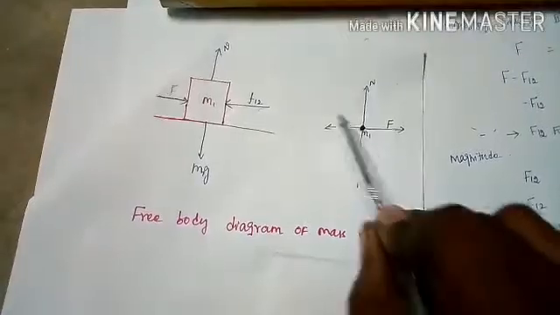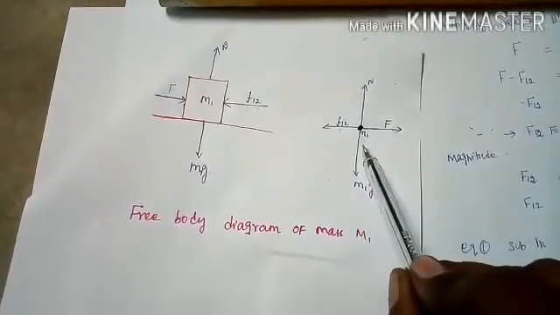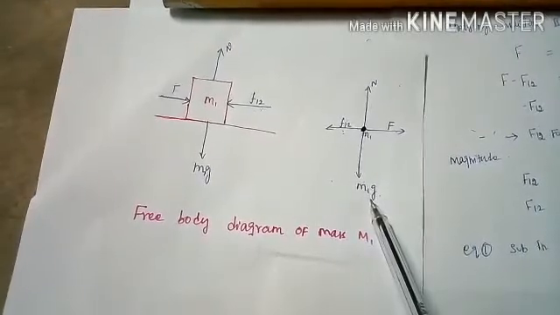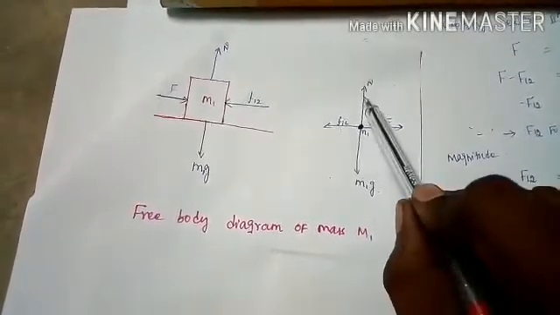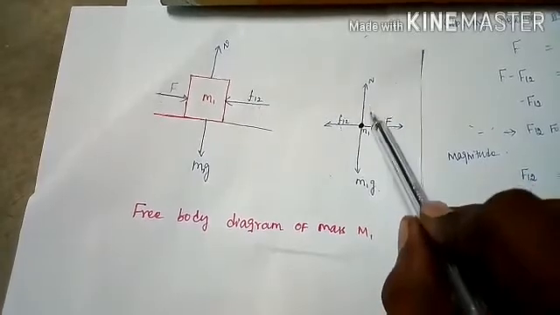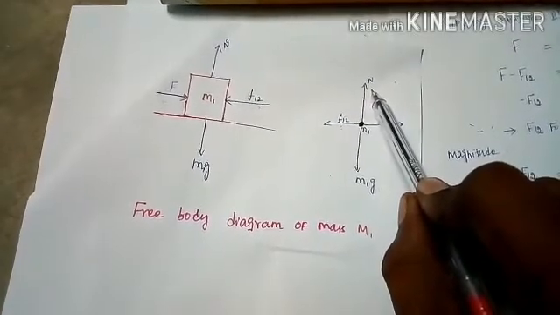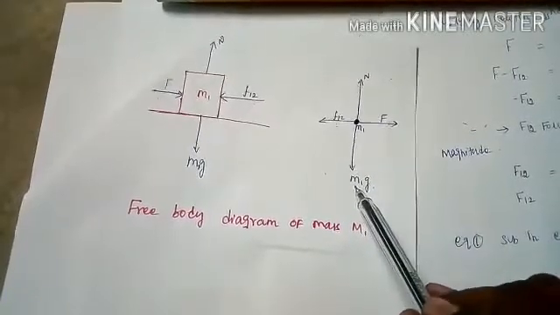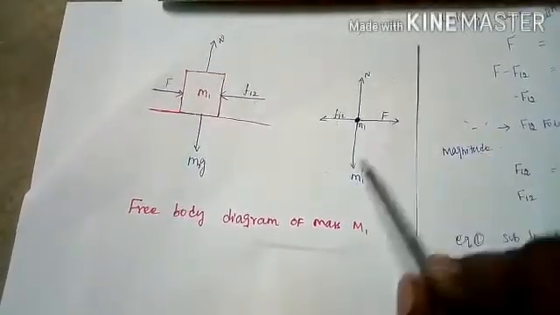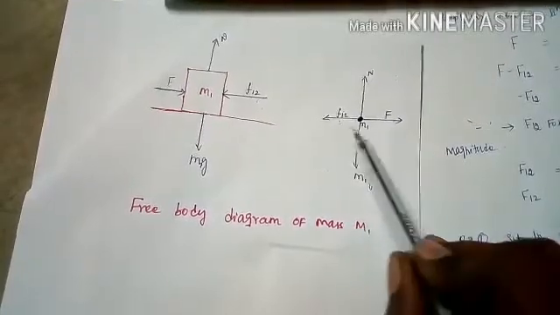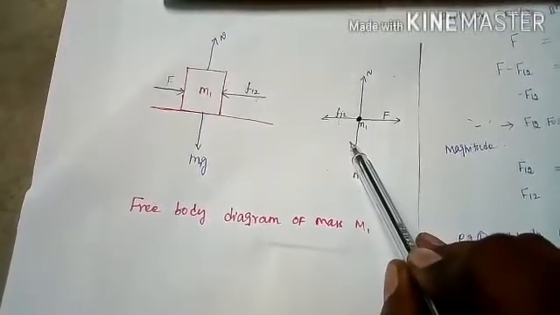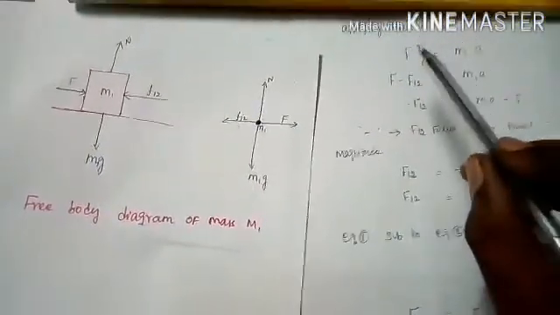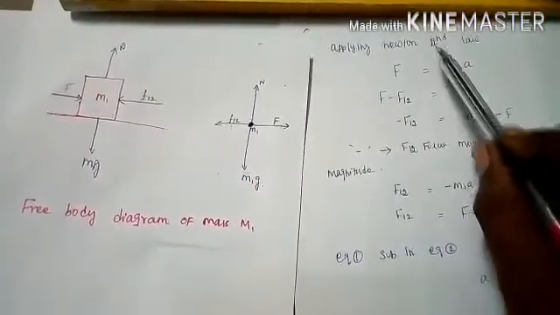I draw it like this, and the gravitational force is directed towards the negative y-axis, and the normal force towards the positive y-axis. So in the y direction, the gravitational force and the normal force cancel each other. The remaining forces are calculated according to Newton's second law.